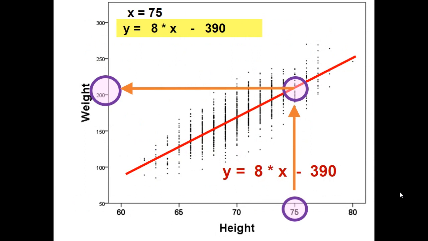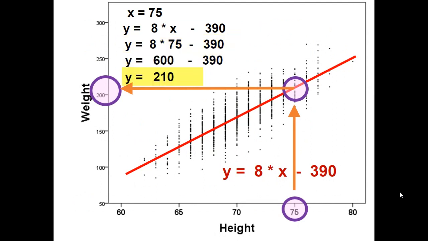But the equation gives us a quicker and more accurate way to find y predicted. We plug in 75 in place of x in the equation, and when we do the algebra, we get an exact value of y predicted, in this case, 210 pounds.